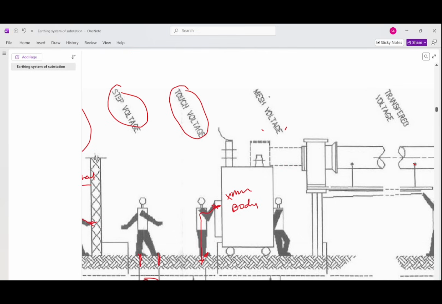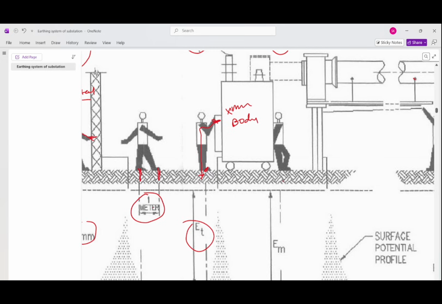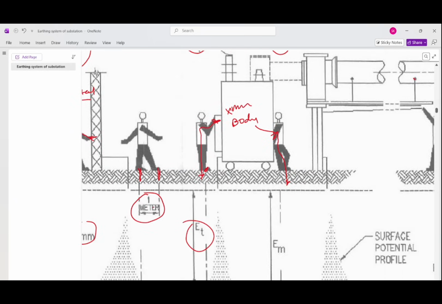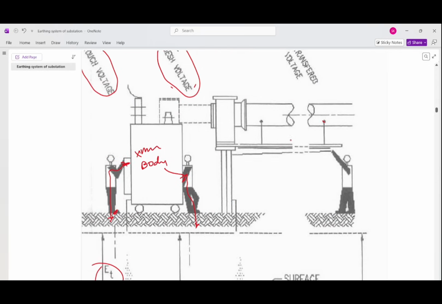Then mesh potential is also shown. Here the human has touched this body, the transformer body, and the fault path, if there is an earth fault, will be like this. So this will be the mesh voltage. Then there is a transferred voltage also.